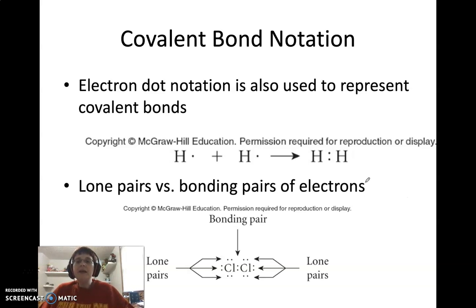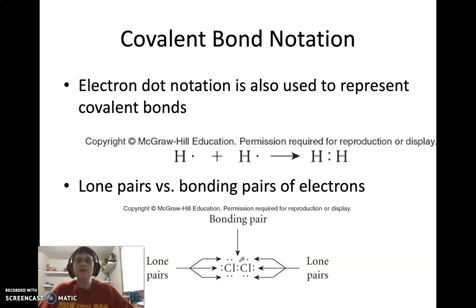Now, when we get into something like chlorine, chlorine, remember, has 7 electrons in its outermost shell, and so it needs to only find 1 electron in order to fill its octet. Here we've got these 2 chlorine atoms that have come together. They're sharing, and they have a bonding pair here in the center.